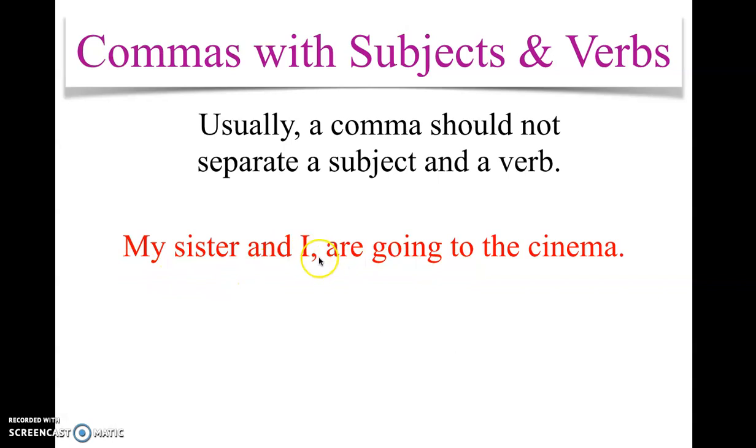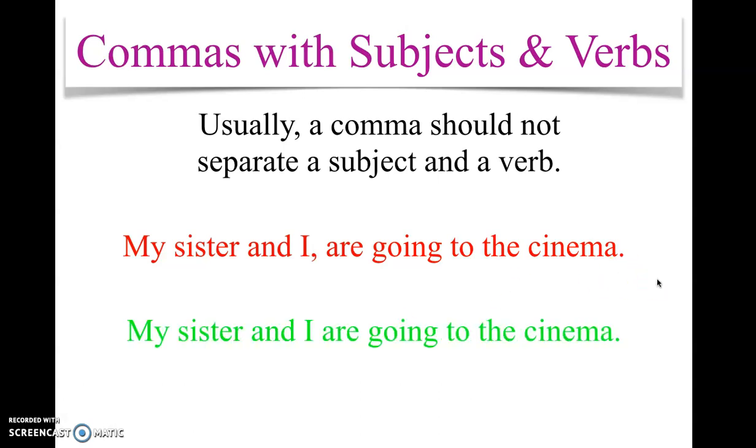And here's the verb. And we've separated it with a comma. Well, I gave you red, just like stoplights, red and go lights being green. Right? This is incorrect. The correct way would be without the comma. My sister and I are going to the cinema. Right? So we don't want to separate the verbs from the subject or subjects. Okay?